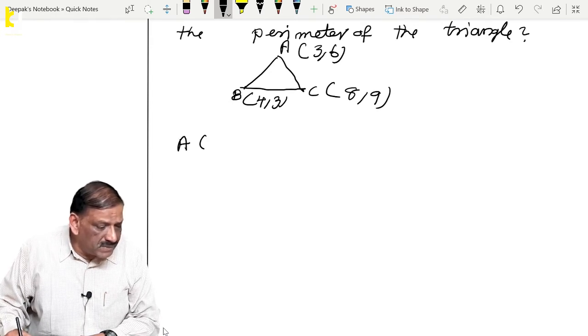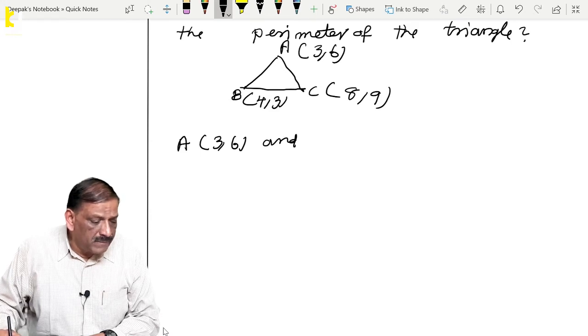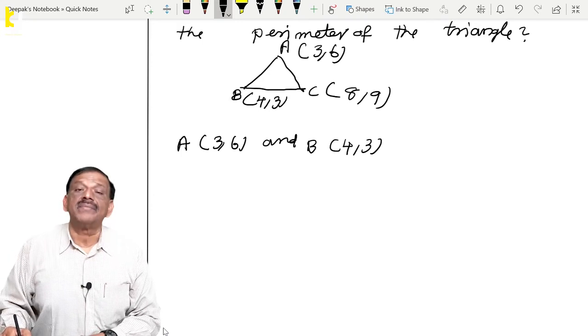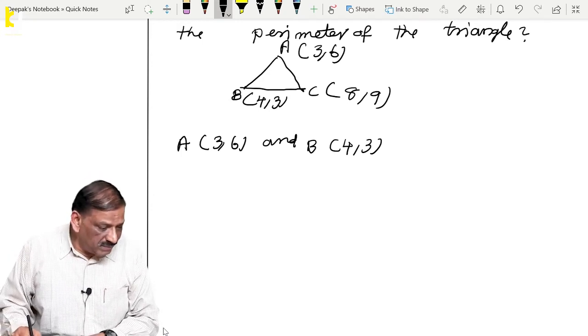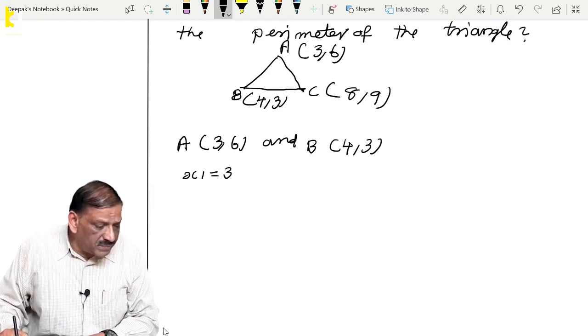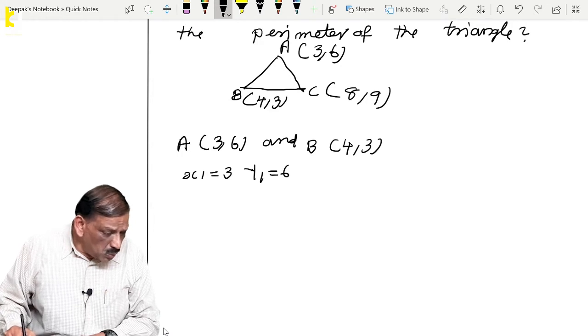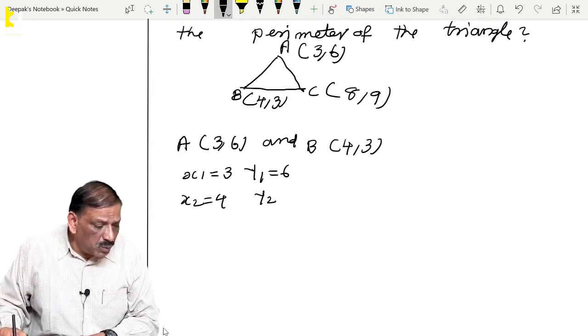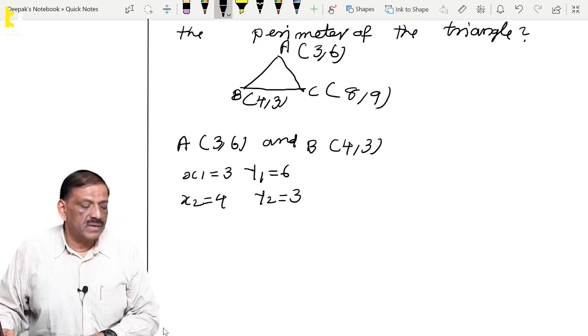Clear? We can find out AB, where x1 equals 3, y1 equals 6, x2 equals 4, y2 equals 3.